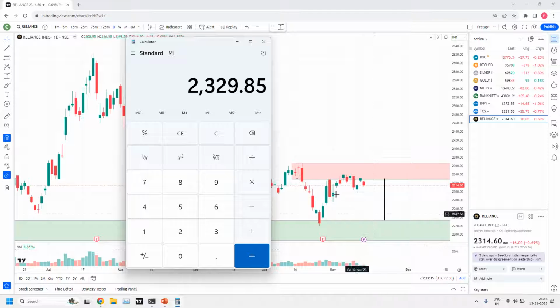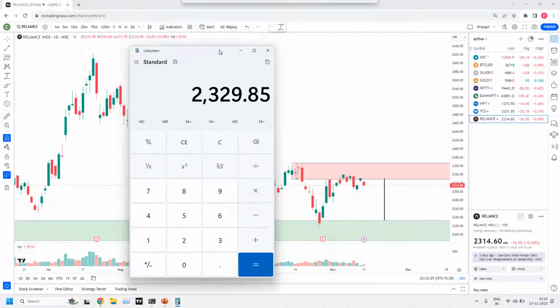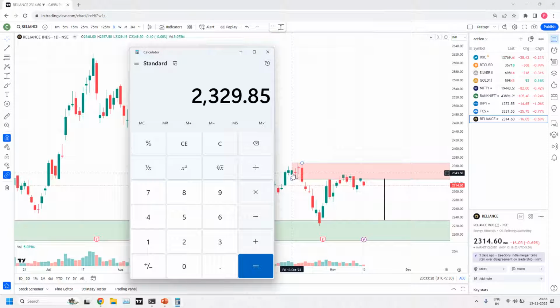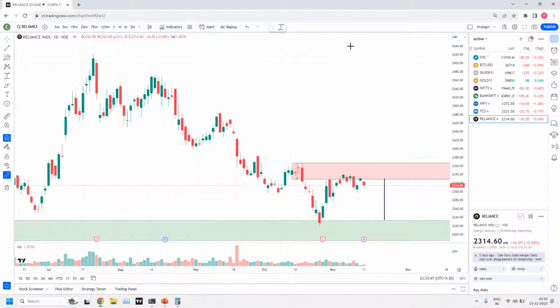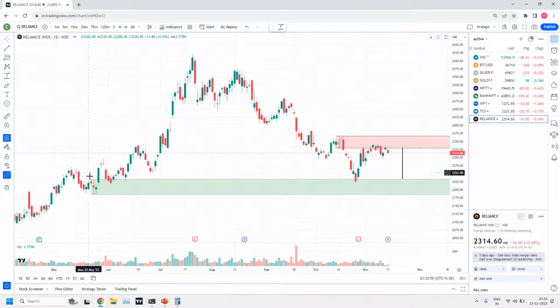2329.85? Let me check. I'm keeping my mouse here. The low value is 2329.15. It is not 85, it is 15. Okay, this is the low of the supply zone, minus the high of this demand zone.